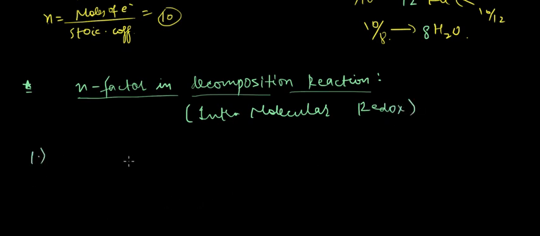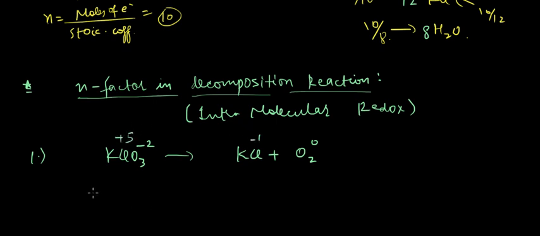So first let us see KClO3 forming KCl plus oxygen gas released. Oxygen is going from -2 to 0, getting oxidized, and Cl is going from +5 to -1.